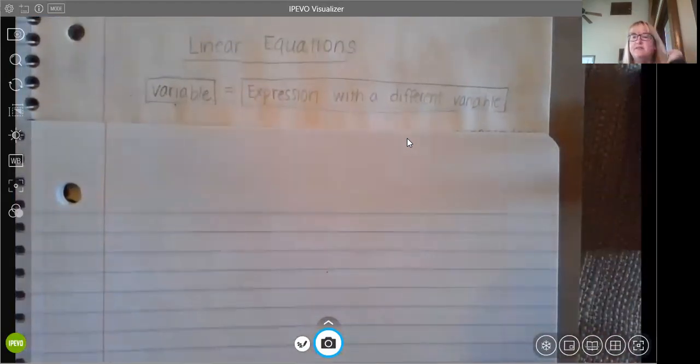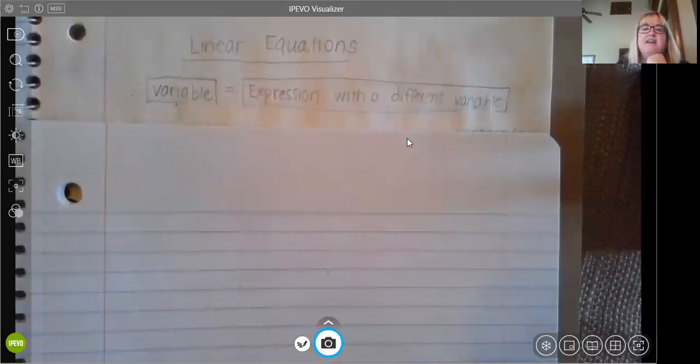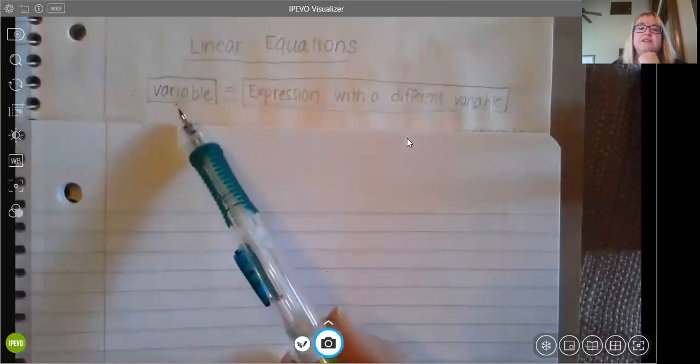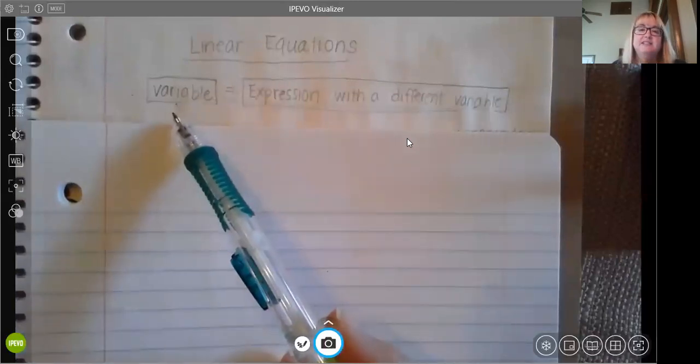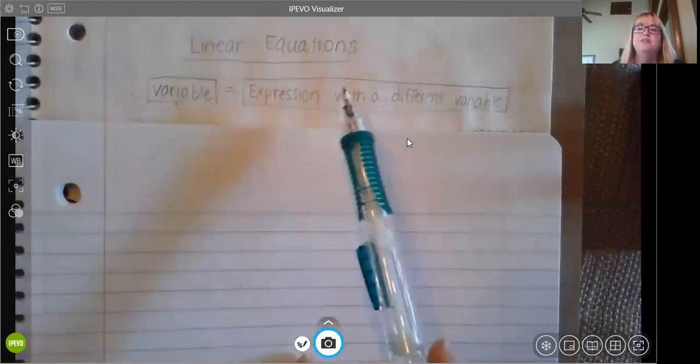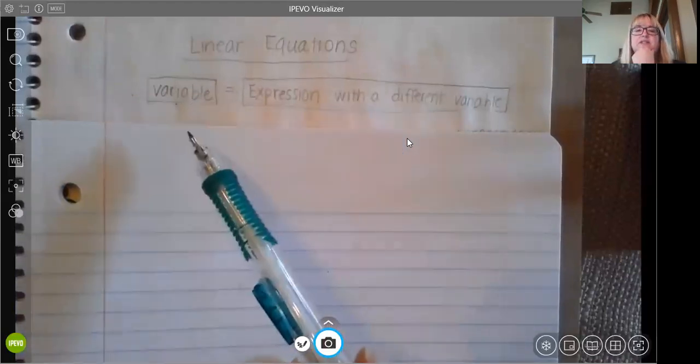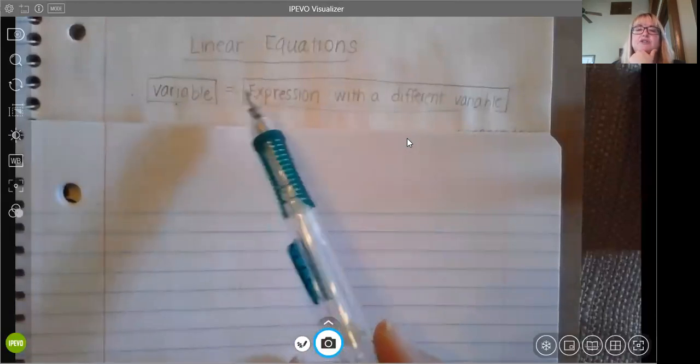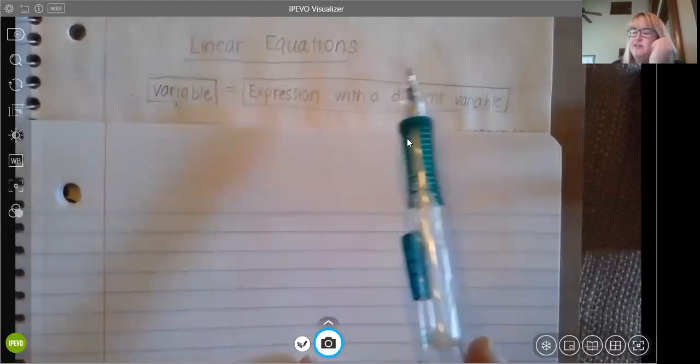it can be written in several different ways, but what we're going to look at is a variable equal to an expression with a different variable. Please write this down. Again, it is a variable equal to an expression with a different variable.